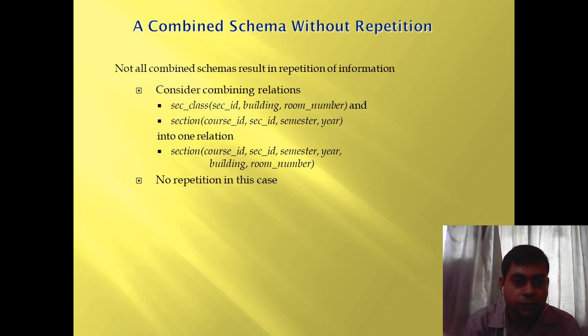The section comprises these attributes, which are borrowed from the two relations before, that is section class and section. These two are supplying the attributes from themselves. Okay, and no repetition in this case, you can see it clearly.